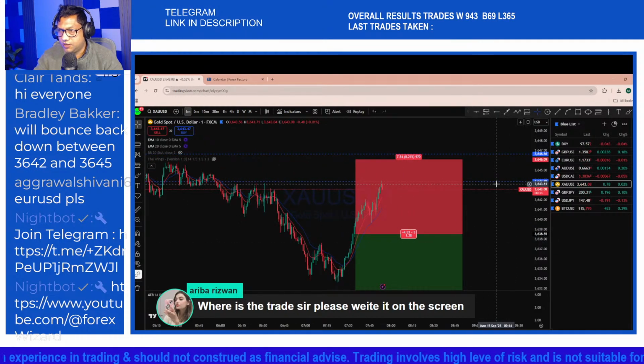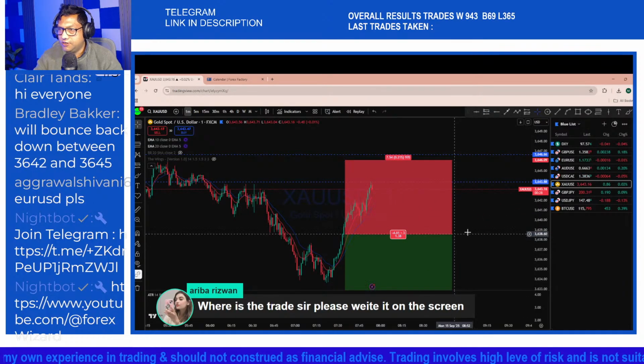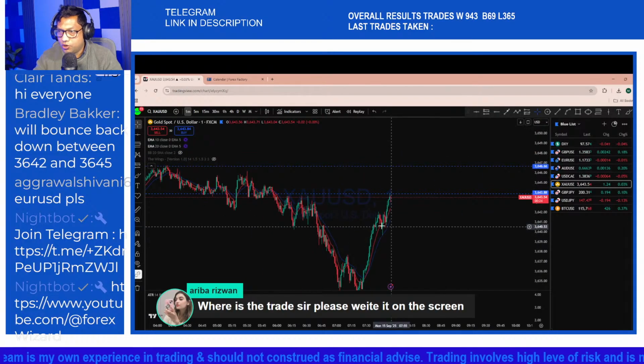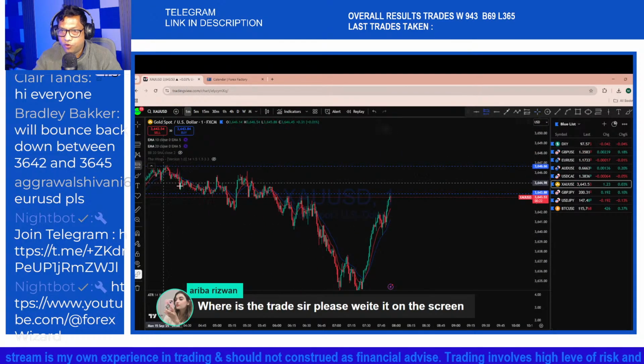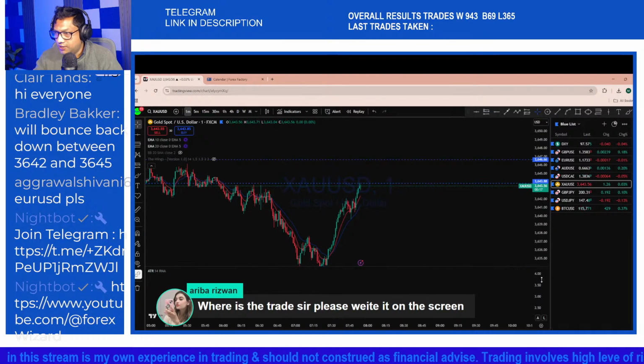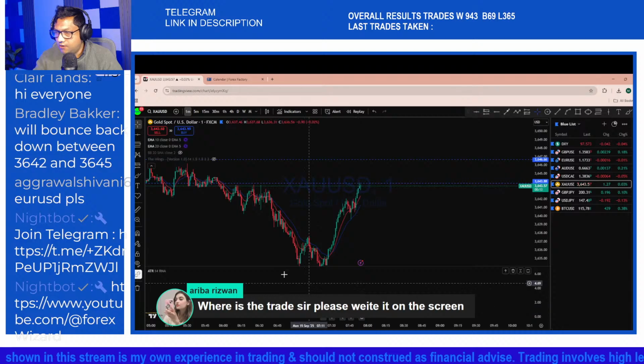This is a key level, and the market reached that key level. So what I'm going to do, guys, is place another sell order from this level with a new stop loss level that I will be explaining, with very tight risk.